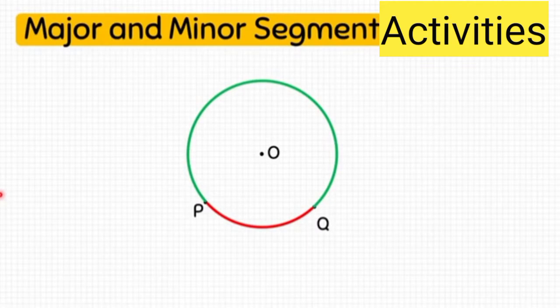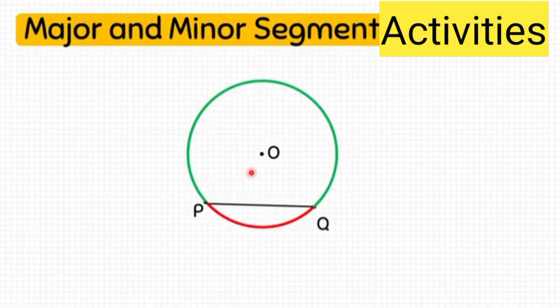Now students, what is a major and minor segment? The segment of the circle is the region between an arc and a chord of the circle. So if we join points P and Q, we get the chord PQ. And this chord divides the circle into 2 regions.